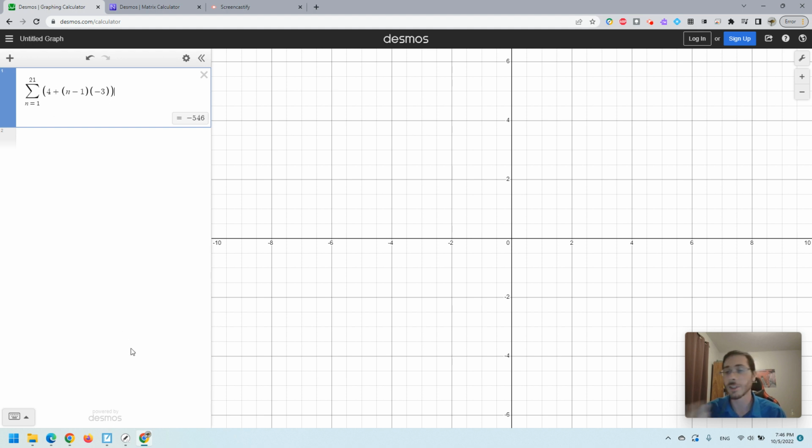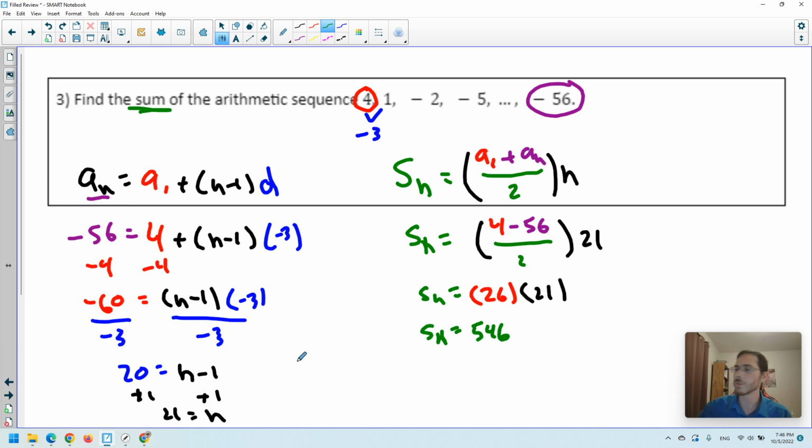It's a good thing I checked, because something went awry. So what went wrong over here? This should have been a negative 26. That's okay. It's okay to miss them sometimes. You just want to go back and find your mistakes. Just fix your mistakes. Negative 26, negative 546. And I may as well steal that Desmos code.